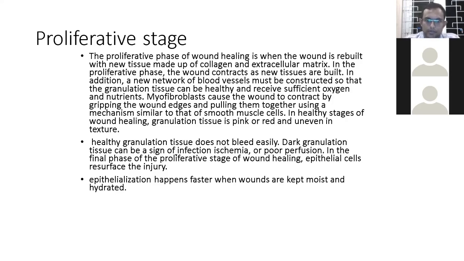So here you see granulation tissue. You have to train your eye to identify good granulation from bad granulation tissue. We'll probably talk about that in a later presentation with a case discussion. That's the easiest way to do it. But the best way to do it is to go to a ward and discuss the patient actually.